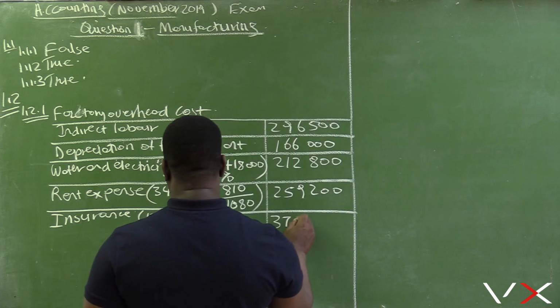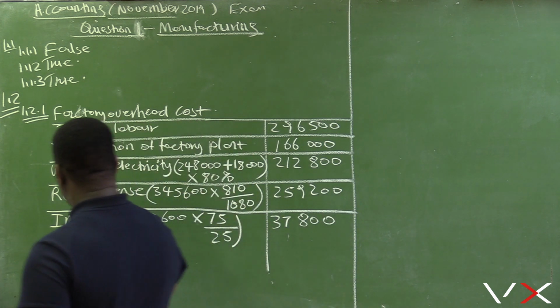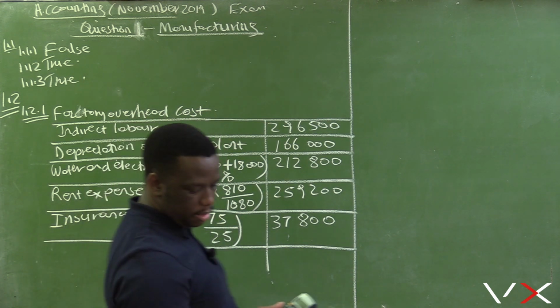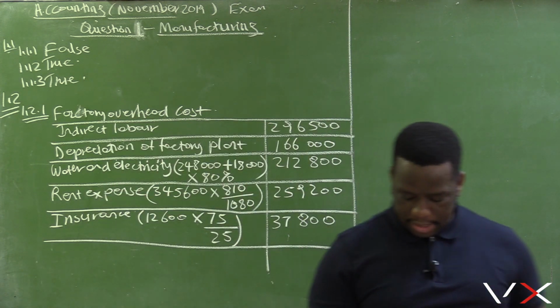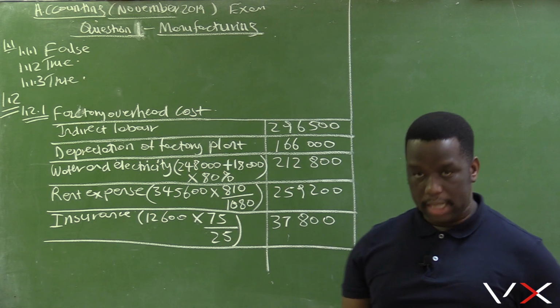So insurance is 37,800. And then the last one is factory sundry expenses, and there is no adjustment to that amount.